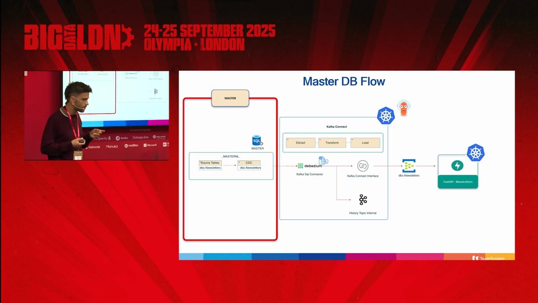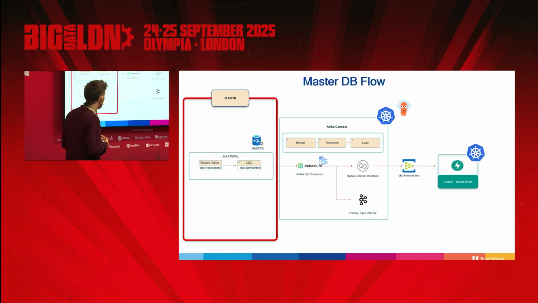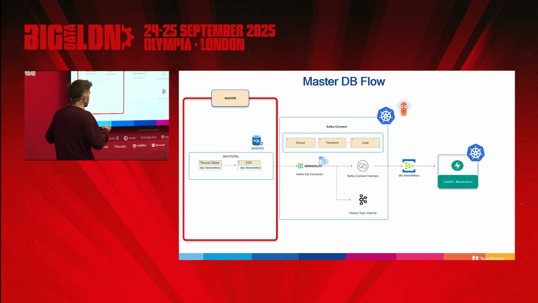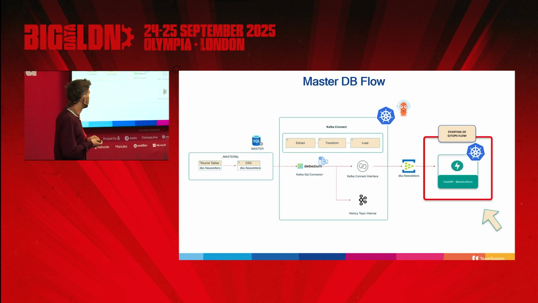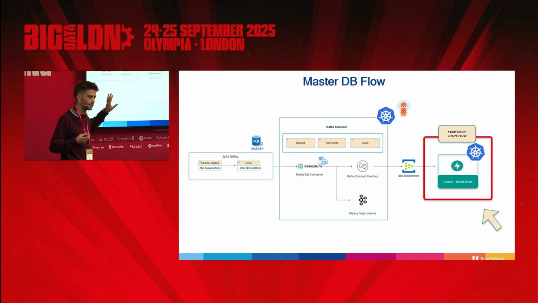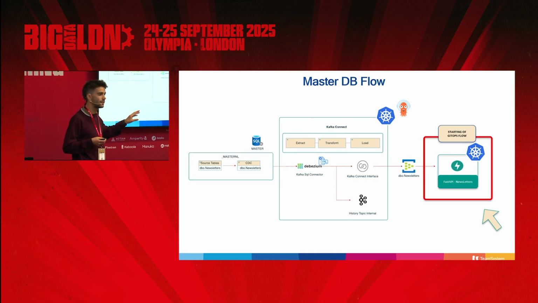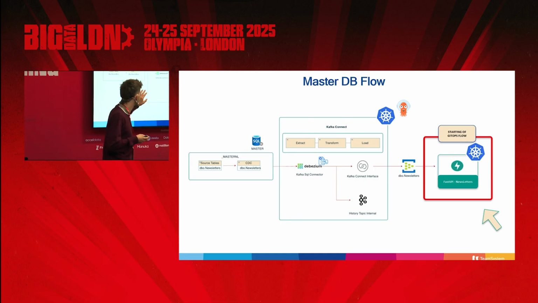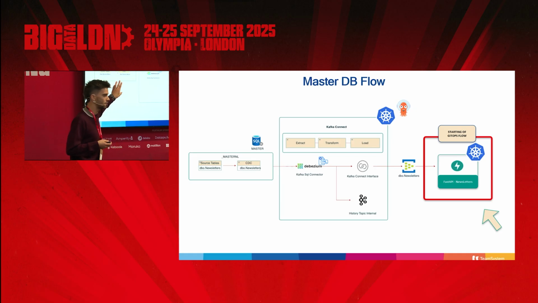So what comes to your mind, I think, and it's quite straightforward, is to configure another Debezium instance for the master server, configured in exactly the same way as the standard flow. We activated the change data capture inside the source database.